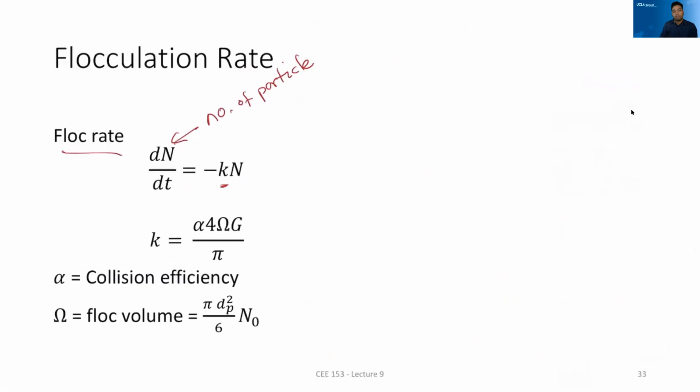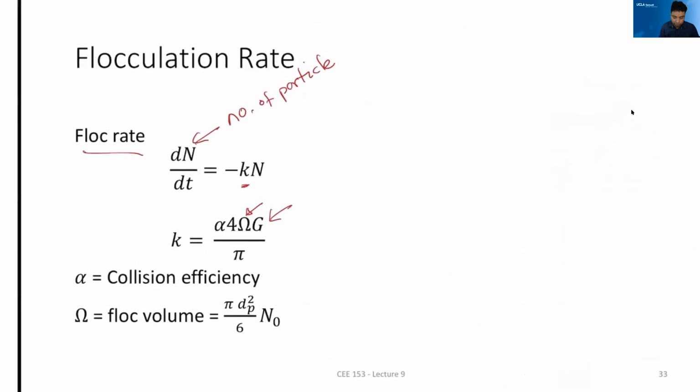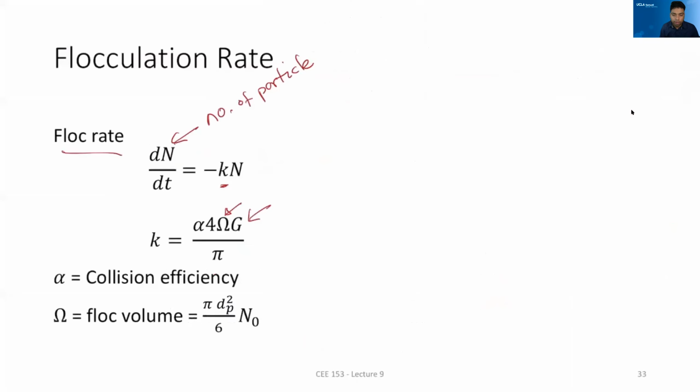So this is collision efficiency and flock volume. This is basically the size of the flock, and G is the power mixing rate that you just calculated here, divided by pi. So that's the rate. And alpha is usually given, that depends on particle properties. You can also estimate it, but you will not learn how to calculate it here. Usually it's given to you. Flock volume is again the same thing.